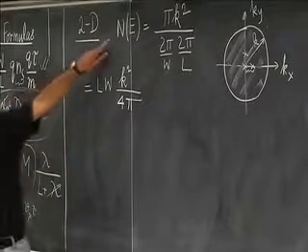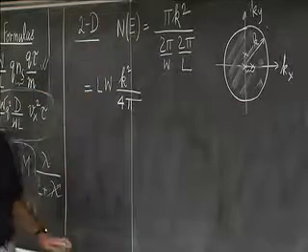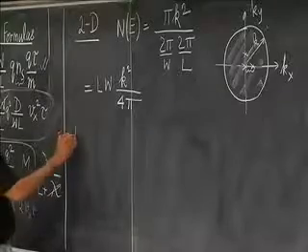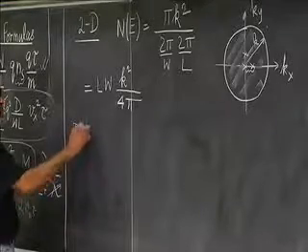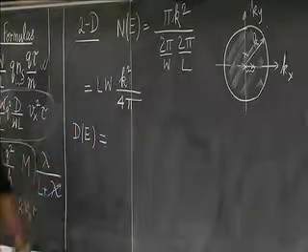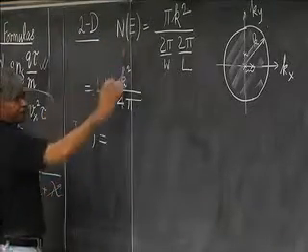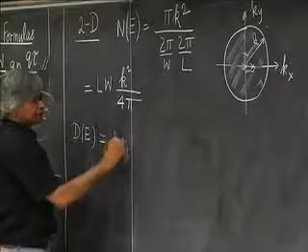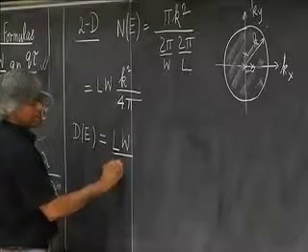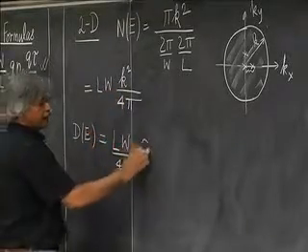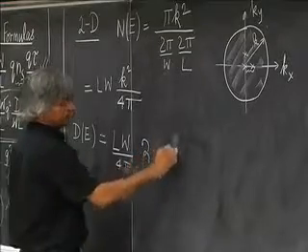So that's the total number of states. Now, if you want the density of states, I'm supposed to take the derivative with respect to energy, so L W over 4 pi, 2k, and then dk dE.